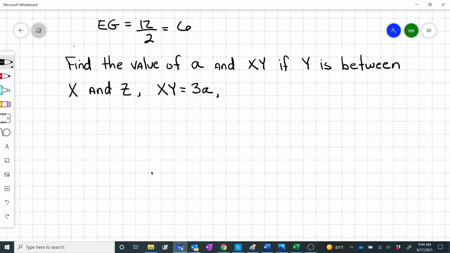XZ equals 5A minus 4. And Y to Z equals 14.